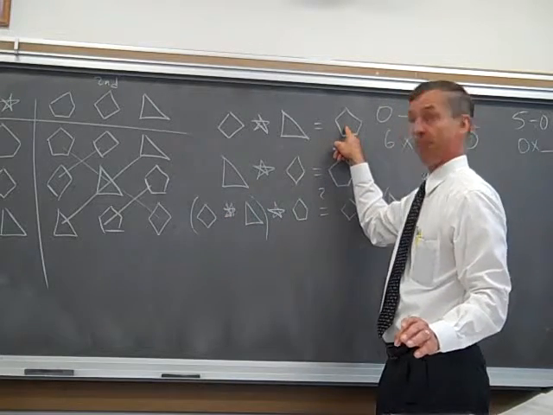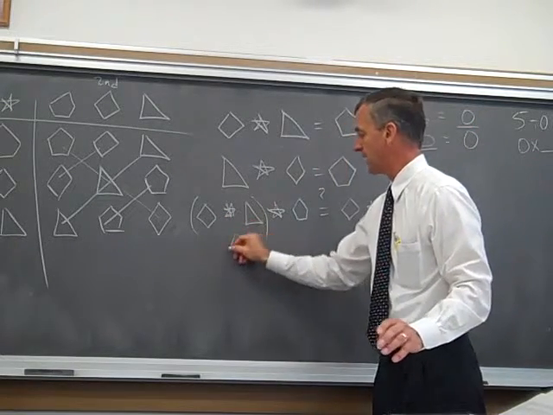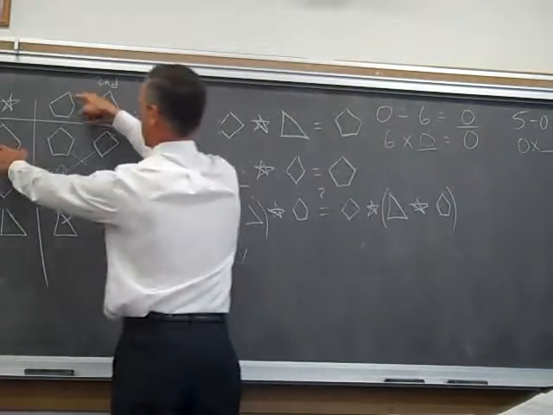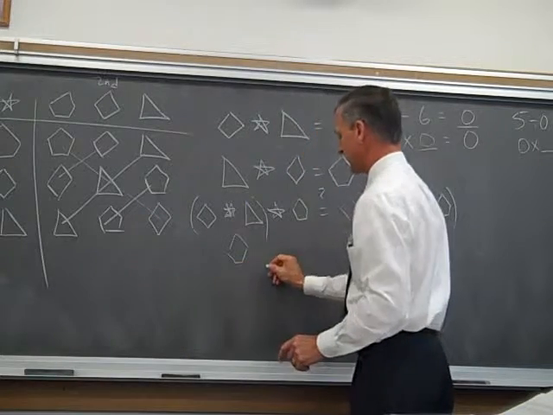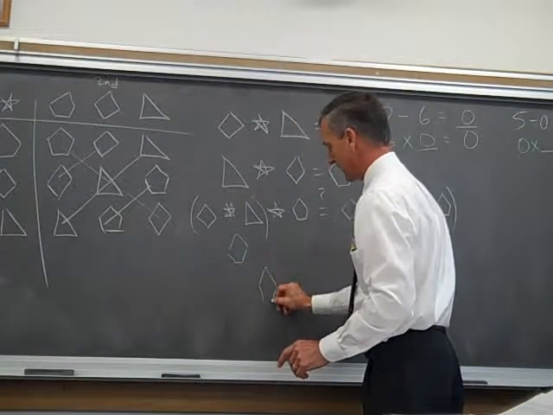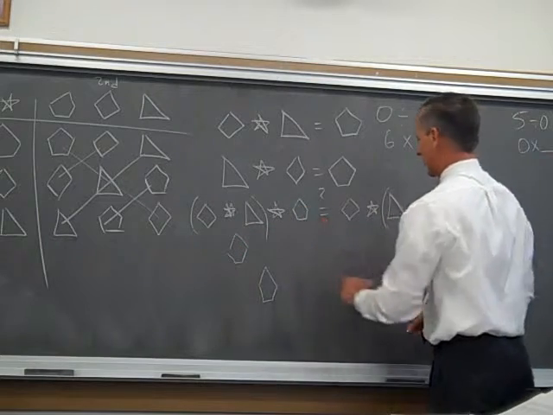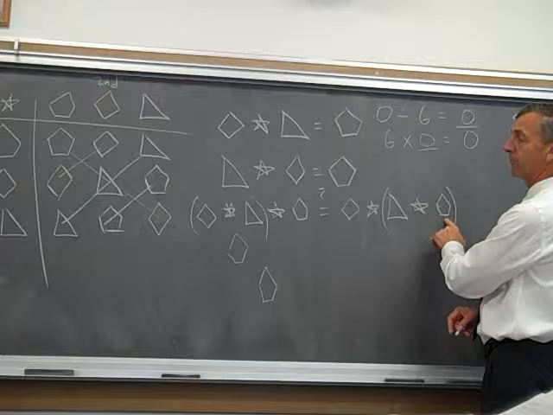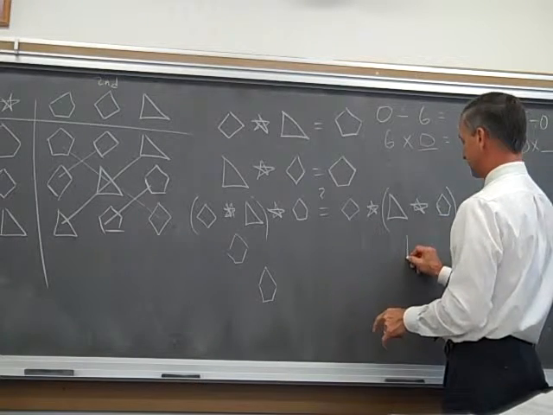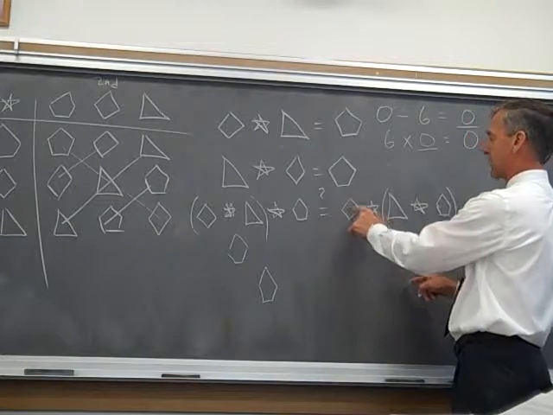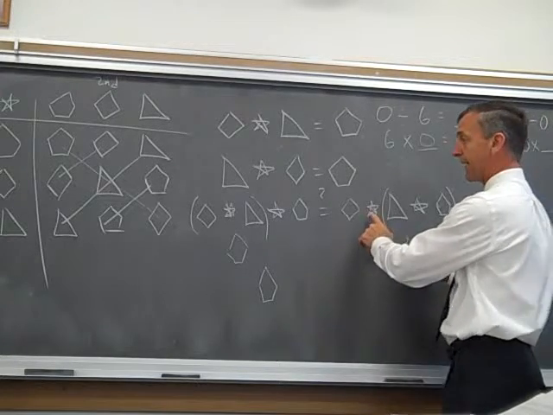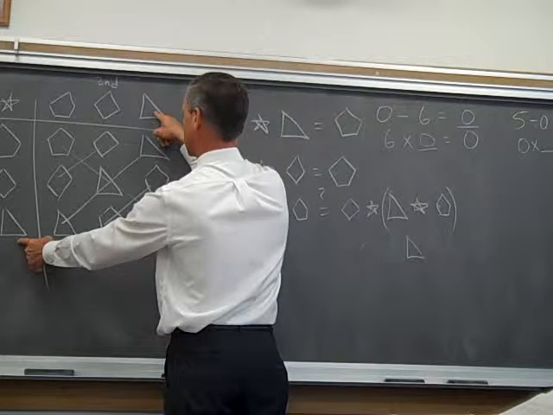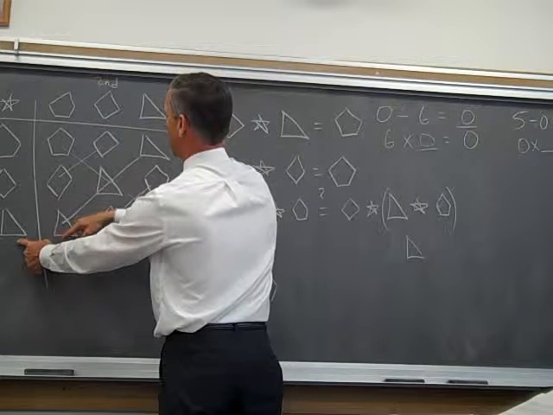It's pentagon, right? So if I do pentagon star pentagon, what do I get? Pentagon. So this whole thing becomes just pentagon, right? Pentagon star pentagon. Let's do this one. Triangle star pentagon is triangle. So now I have diamond star triangle, and I get what?